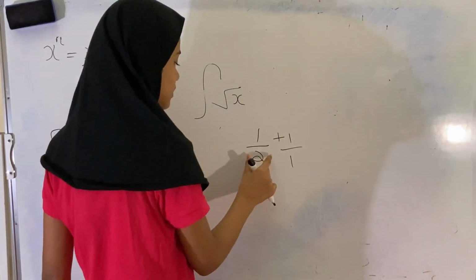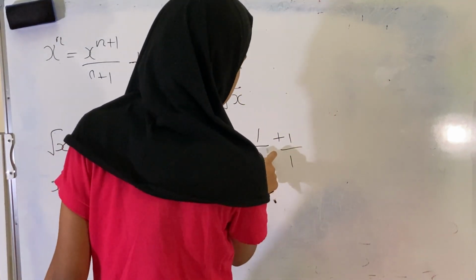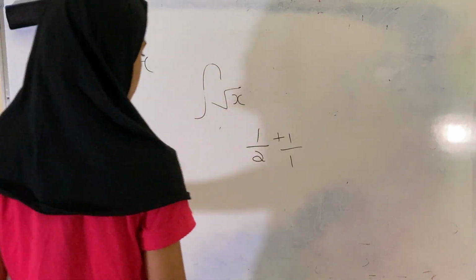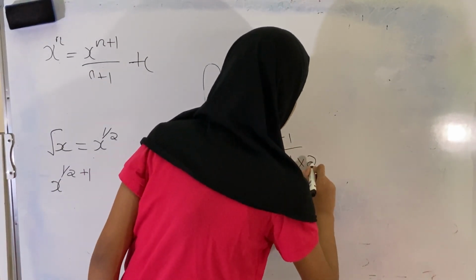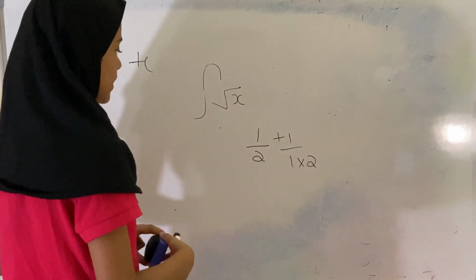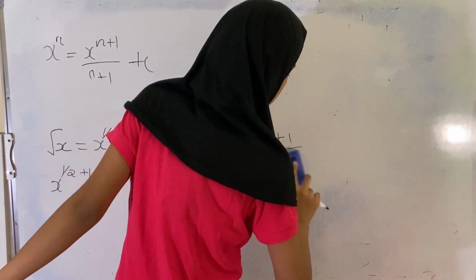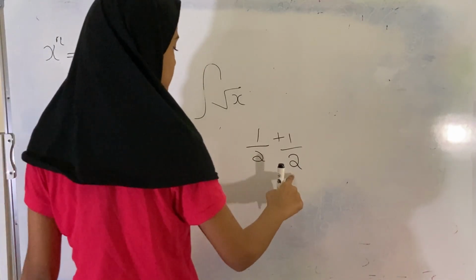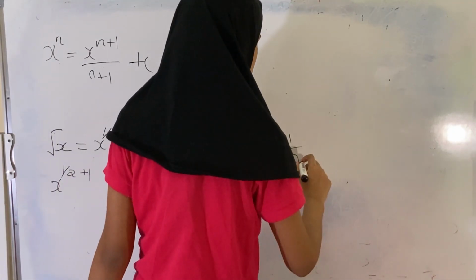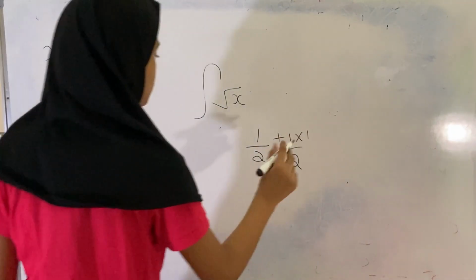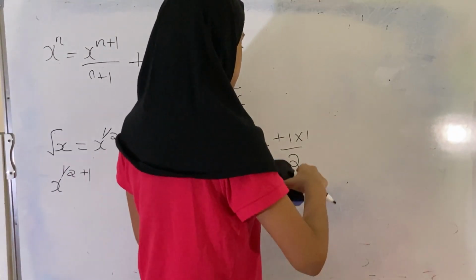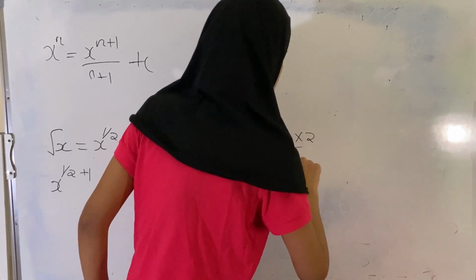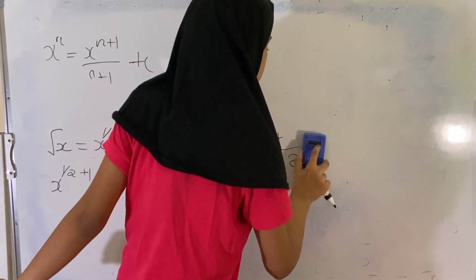The denominator 2 is the highest right now, so we have to make the 1 into 2. To make it 2, we multiply by 2, so 1 into 2 is 2, and we also multiply the numerator by 2, so 1 into 2 is also 2.